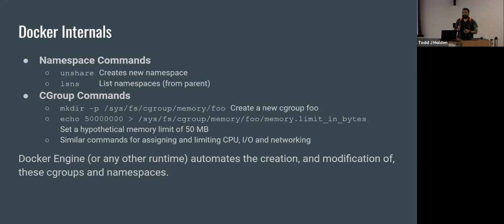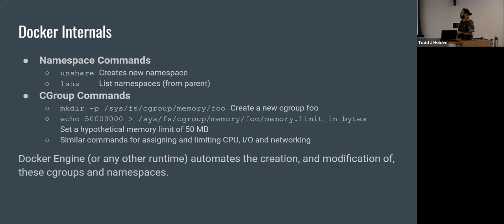There is this trope in Linux where everything is a file, right? Even your memory is a file. Everything in Linux is a file. And what you can do with a container management engine is say, okay, make a new file which corresponds to, let's say, the memory allocation, and say that this is the hard limit. And that's basically what's happening here.